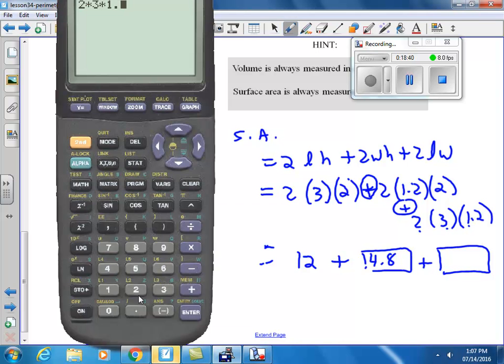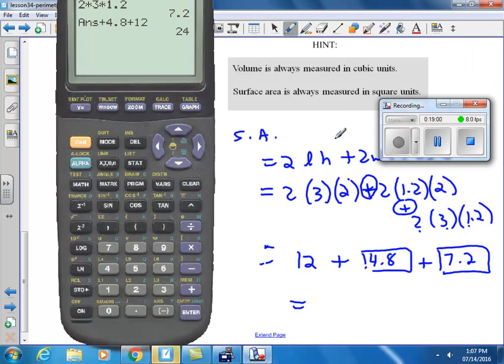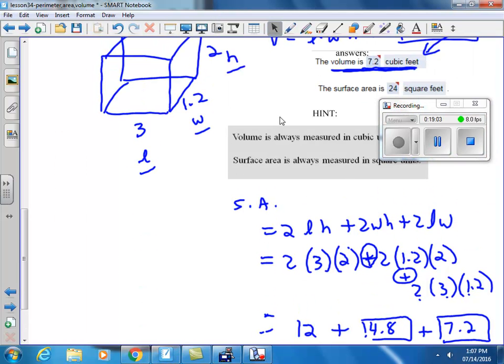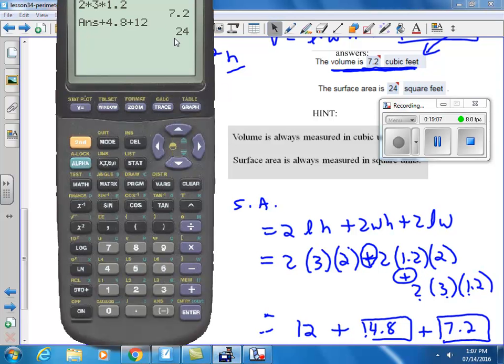Now remember, if we were forced to do this by hand, we could. I'm just using the calculator to alleviate. Okay, so 7.2. And now we can add that all together. So 7.2 plus 4.8 plus 12. And voila. We got 24, and I have the answer snipped here. Surface area is 24 square feet.